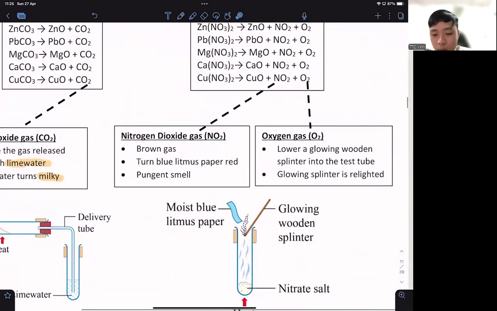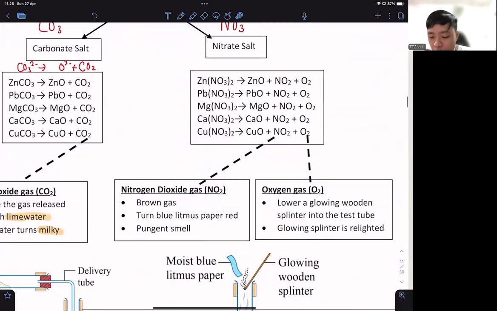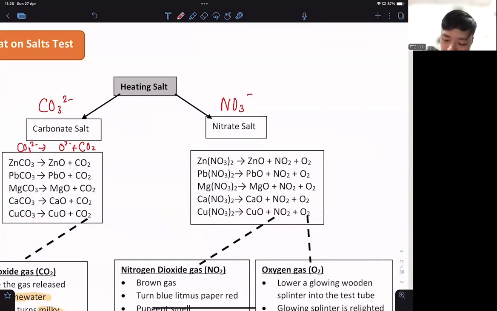Then how about the nitrate? Nitrate is a bit different, but almost the same, with similarities. When you heat nitrate, we get the oxide, nitrogen dioxide and oxygen.